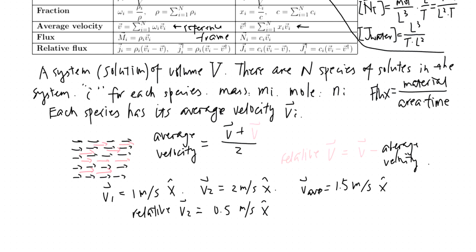That's also how you interpret the flux. If you have material flux, then the relative flux is the flux of that species with respect to the bulk, the average behavior of the entire solution. So this is the relative flux.